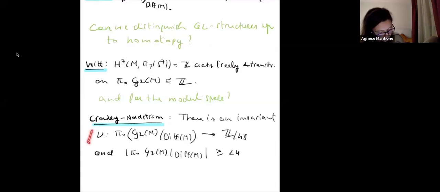The invariant here, constructed by Crowley and Nordstrom, is interestingly a topological invariant, but in a recent paper, together with Goette, they proved that there's a refinement of this invariant, which takes values in the integers and can be defined analytically, which is often the case that certain topological invariants also have an analytic interpretation.